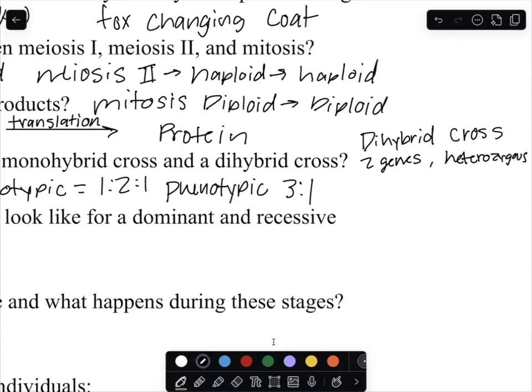And that would lead to a phenotype ratio of 9, 3, 3, 1. So phenotypically, that's the ratio.